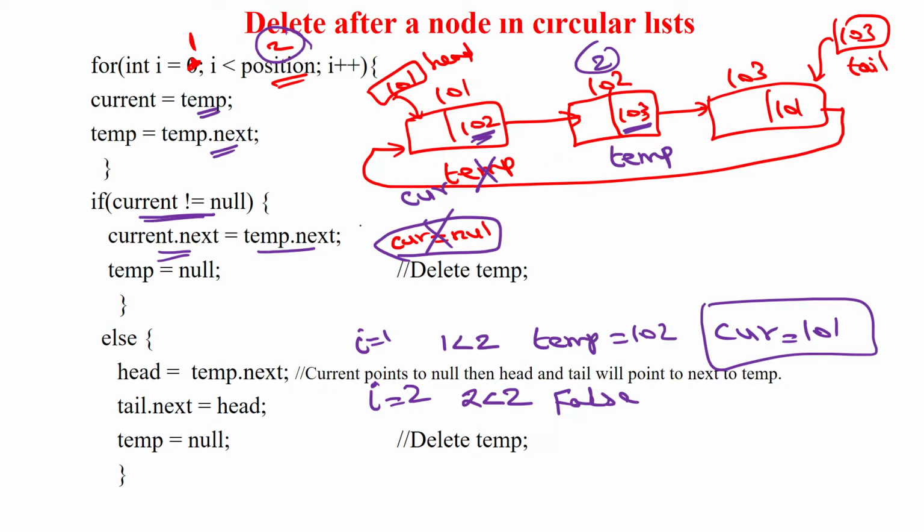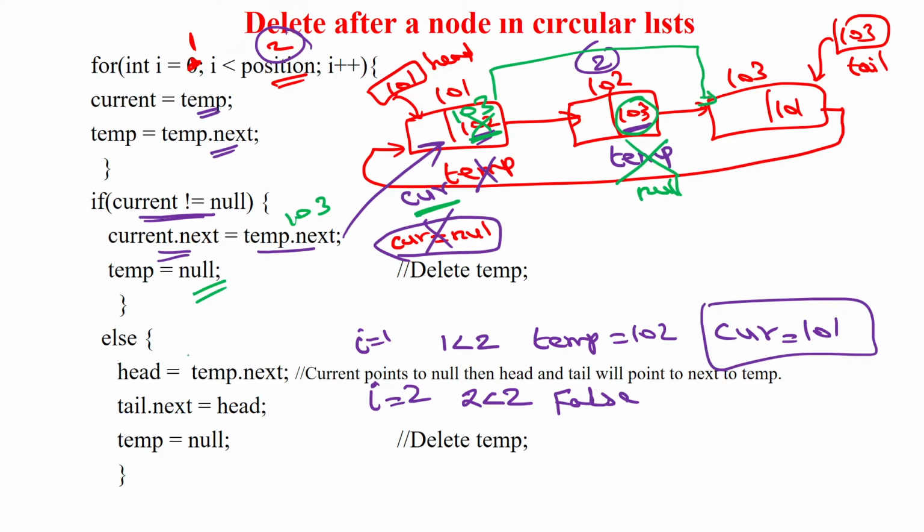The current is the first node, whose next was 102, and it is now updated with 103. The link is created like this. Then temporary is set to null, deleting the node, meaning no node is available in temporary.